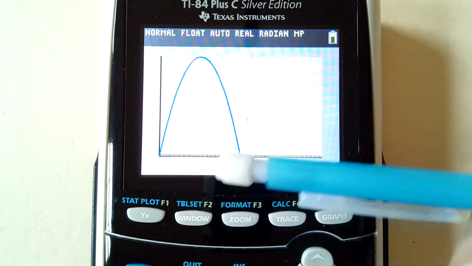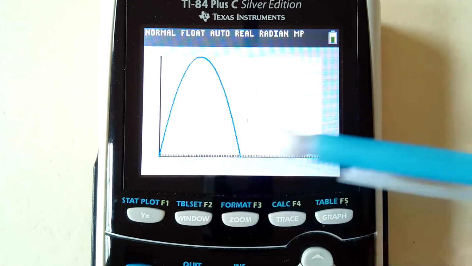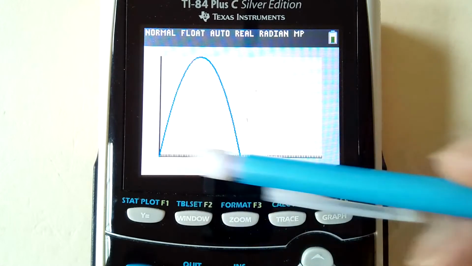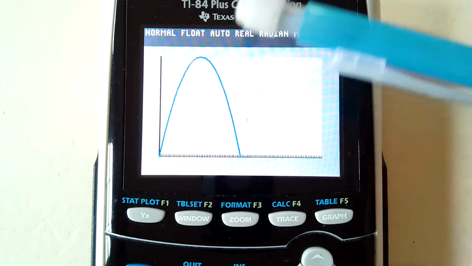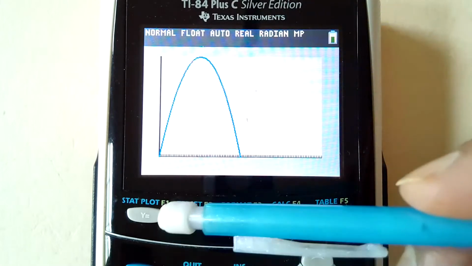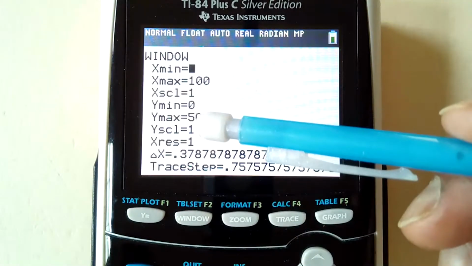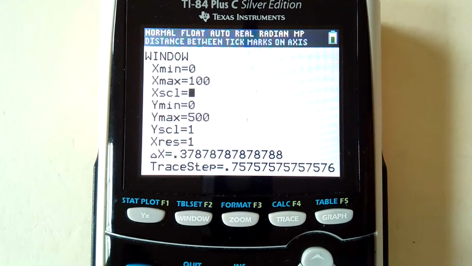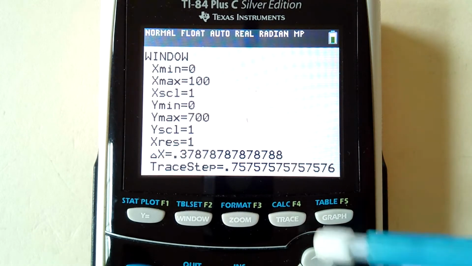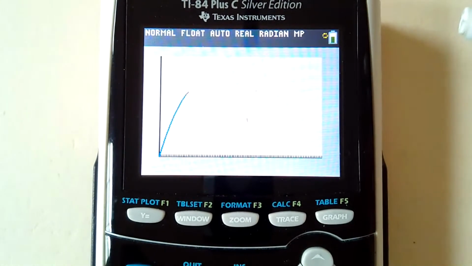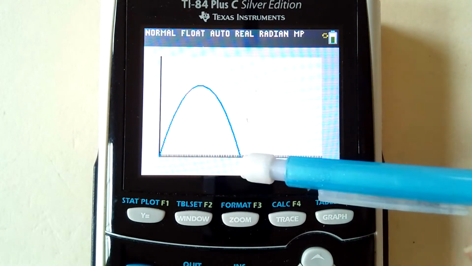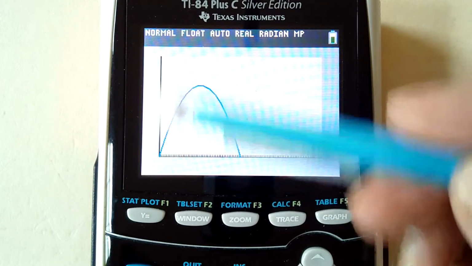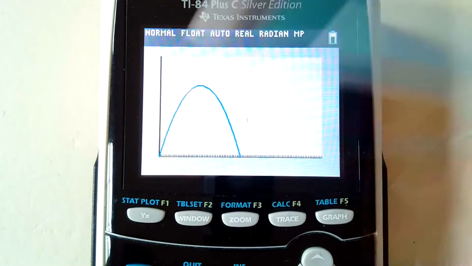But at this stage, we can simply use our window button and play around with the window. Now, I still would like to see more above the vertex. So I'll go back to my window, and I'll increase my y maximum to maybe 700. And that will give me a better view of my parabola. So here I have my time and this is the height of the golf ball.